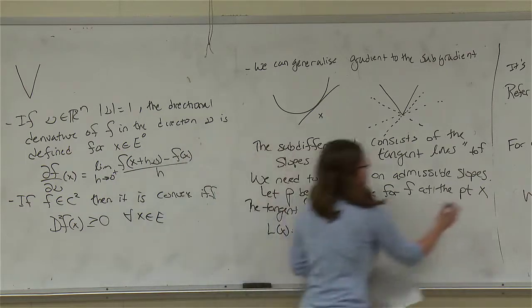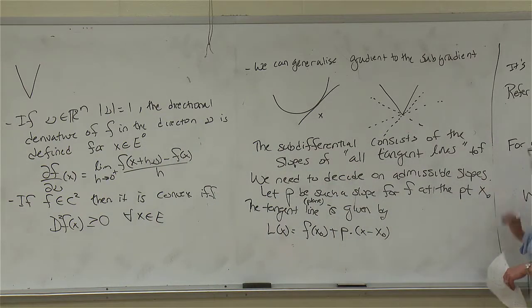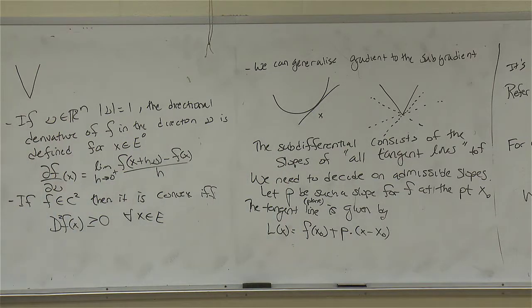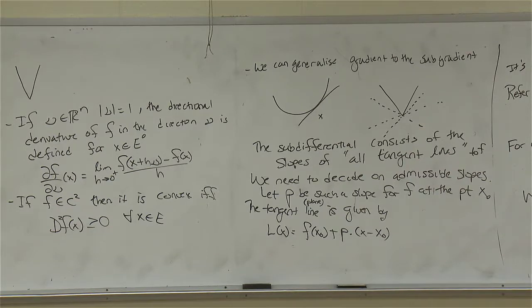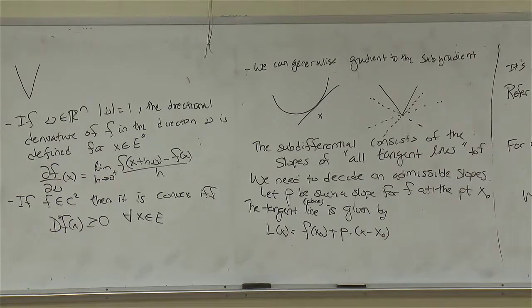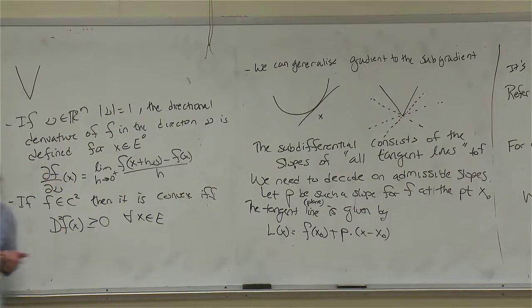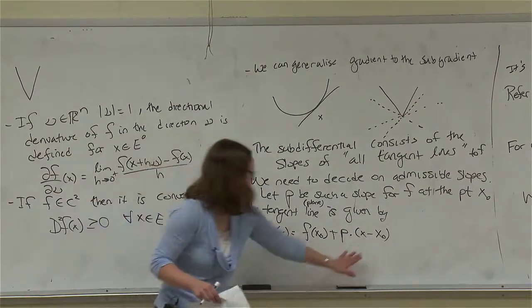Let's call this at the point x_0. And our requirement is that this should always lie below the function f, right? For a convex function, we want these tangent planes to lie below f, just kissing it at the point x_0.